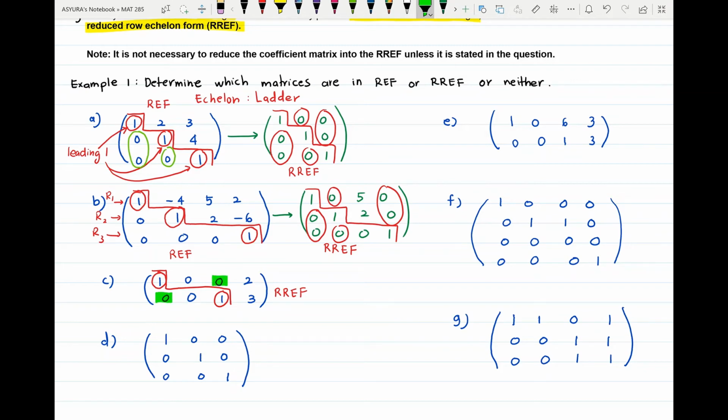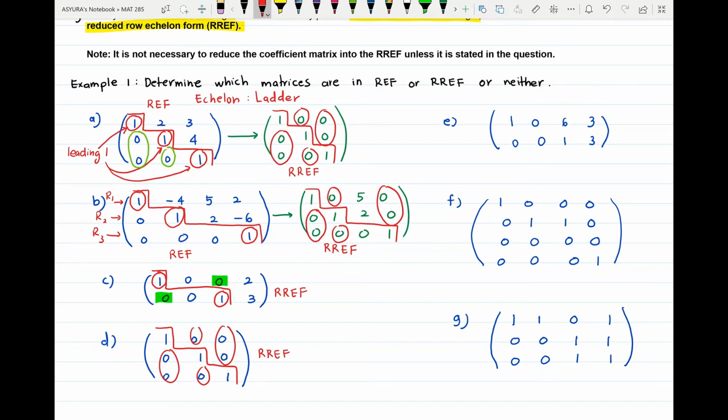Next, D is also RREF, since below and above the leading one are all zeros.